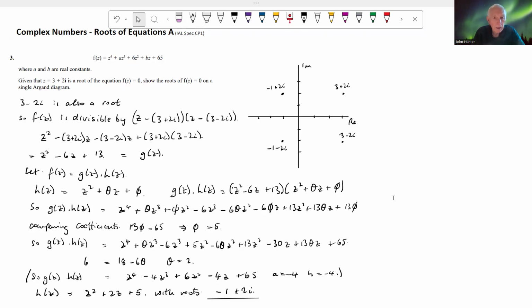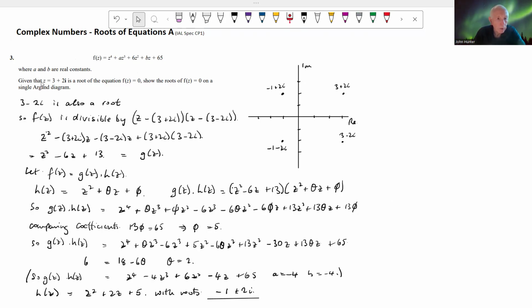Right, this is a complex numbers problem, solving the roots of an equation. It's a quartic equation. Here we go. f(z) equals z to the power of 4 plus a z cubed plus 6z squared plus bz plus 65. z is a complex variable, and a and b are real constants.